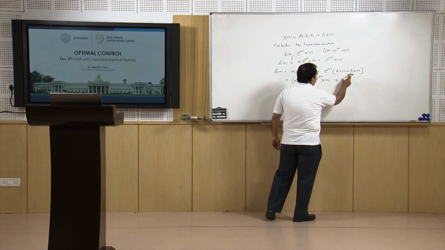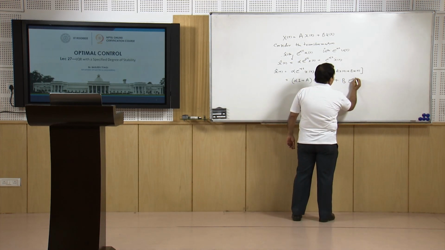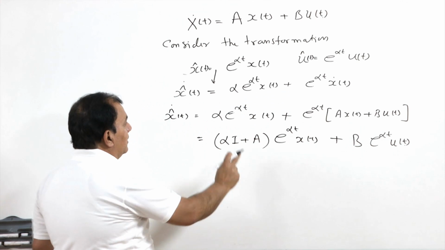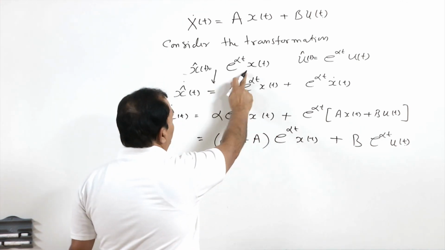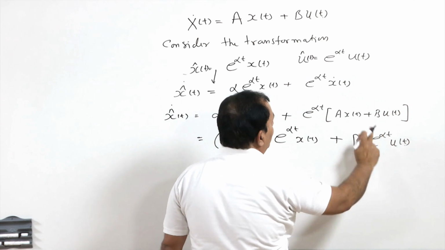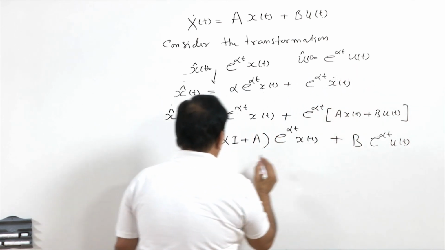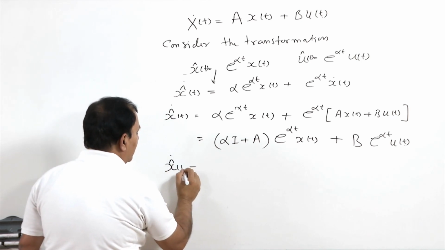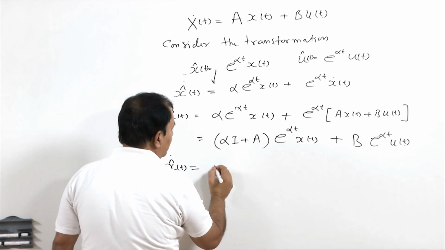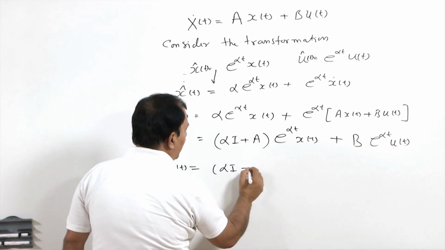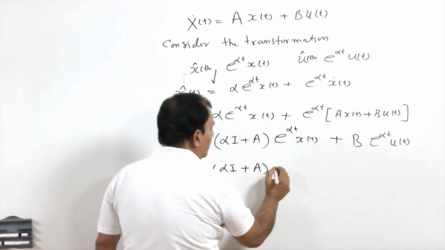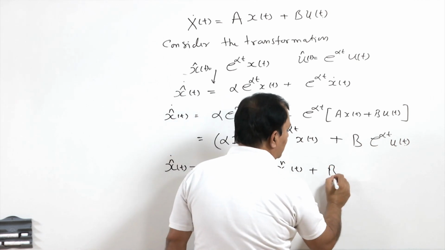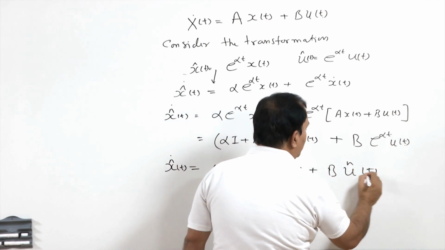Since we have considered x hat as e to the power alpha t x of t and u hat as e to the power alpha t u of t, the transformed system can be written as x hat dot of t equal to alpha I plus A times x hat of t plus B u hat of t.